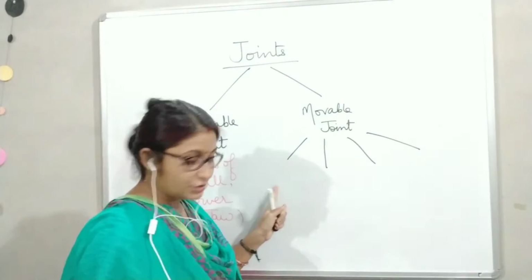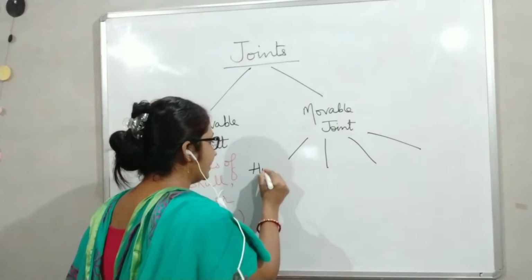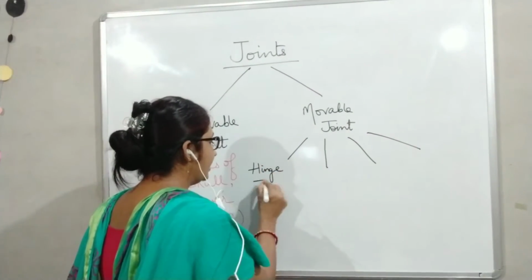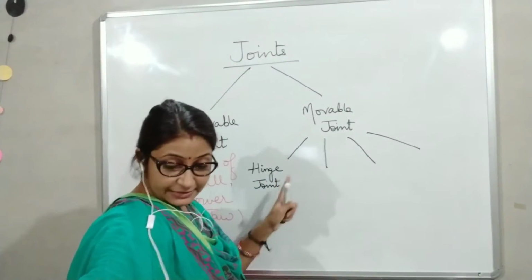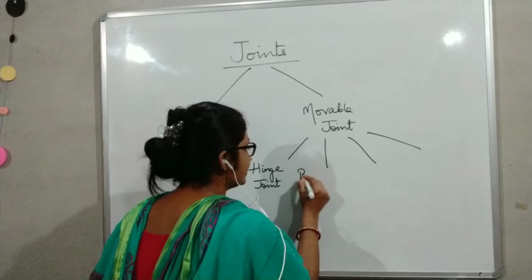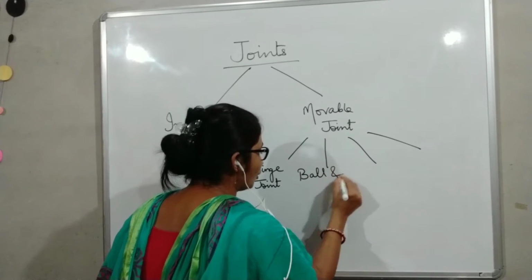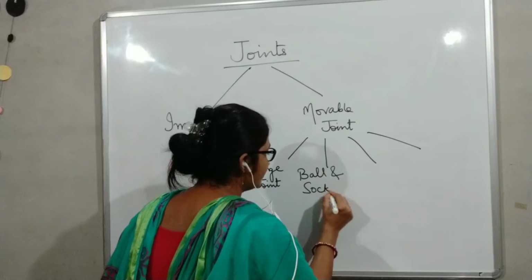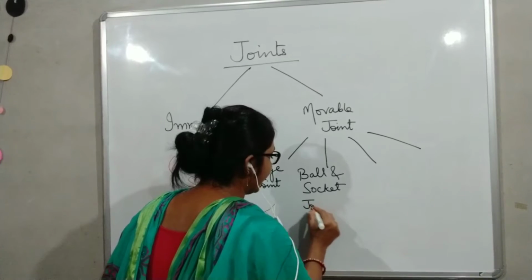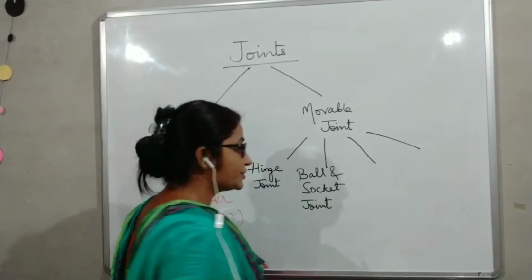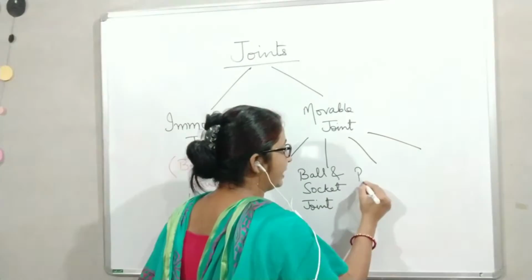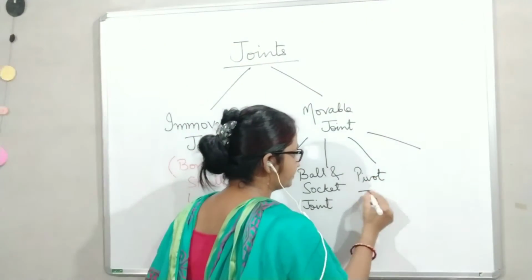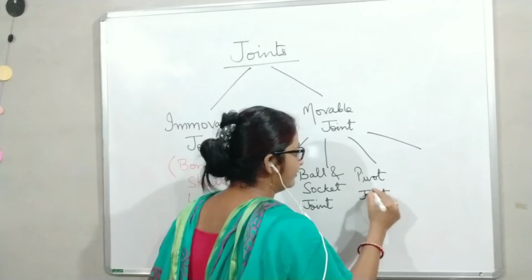The first movable joint is the hinge joint. The second is the ball and socket joint. Then the third is the pivot joint.